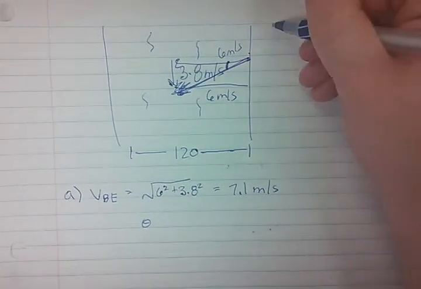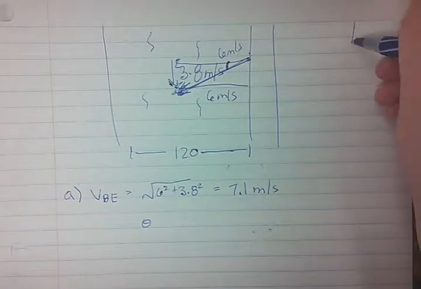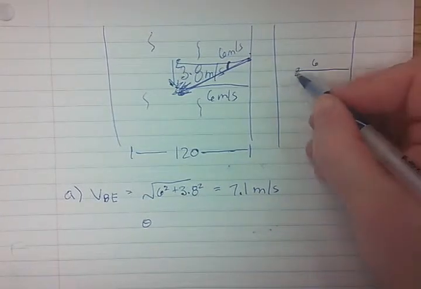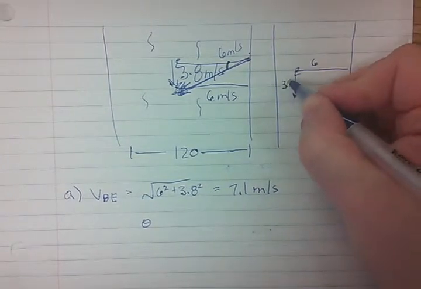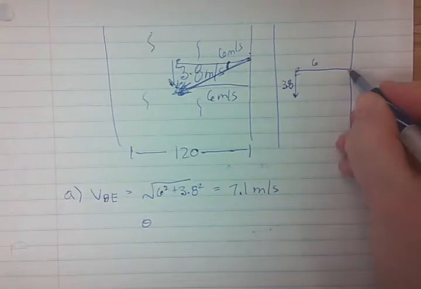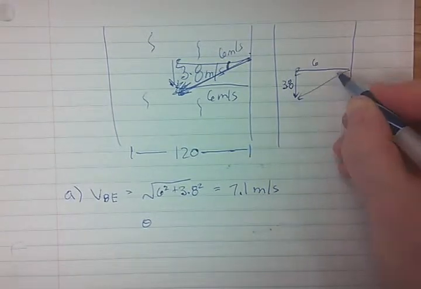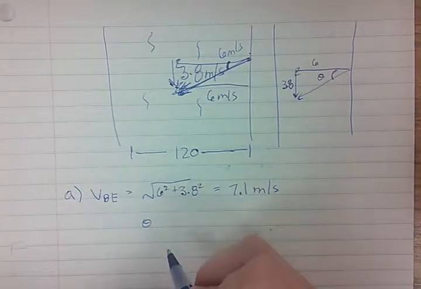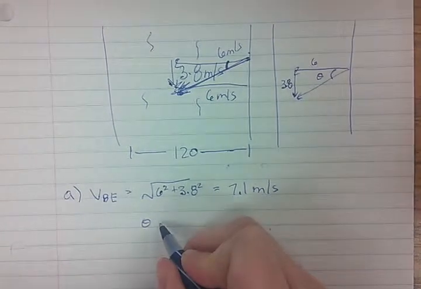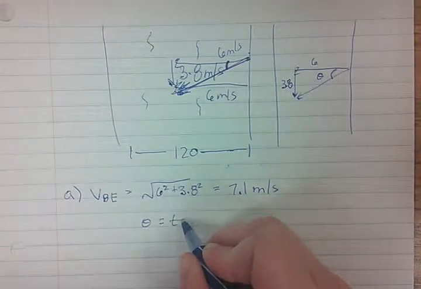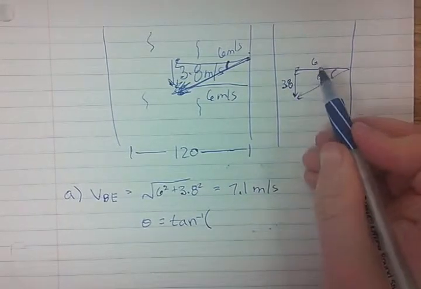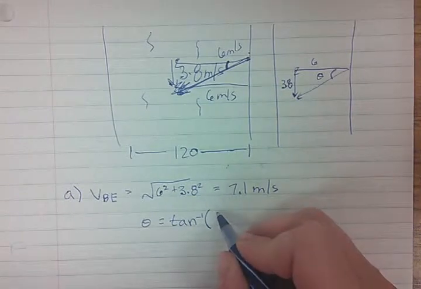Let me actually redraw that real quick to make it a little bit clearer. So here is our 6. Here is our 3.8. And then that's our hypotenuse. We want to find this angle. So the angle is going to be equal to the inverse tangent of opposite over adjacent.